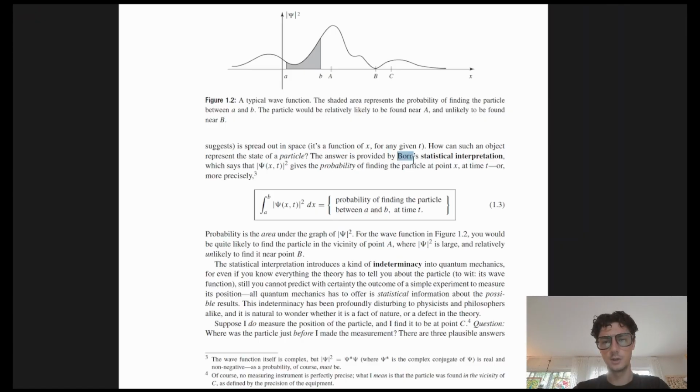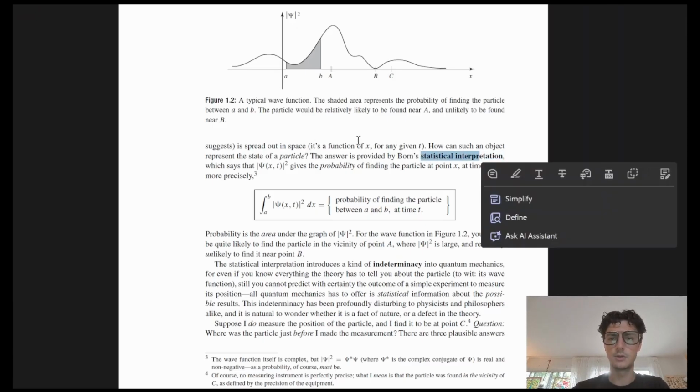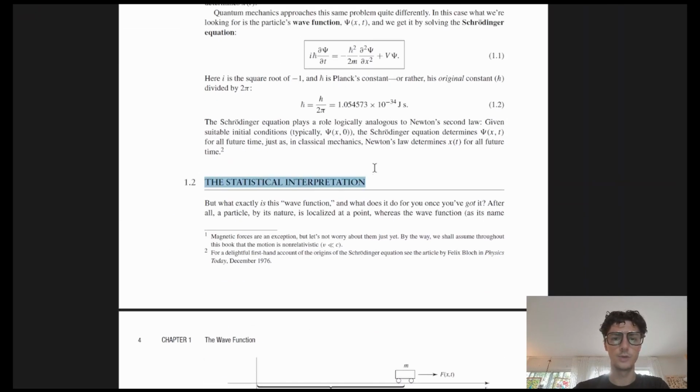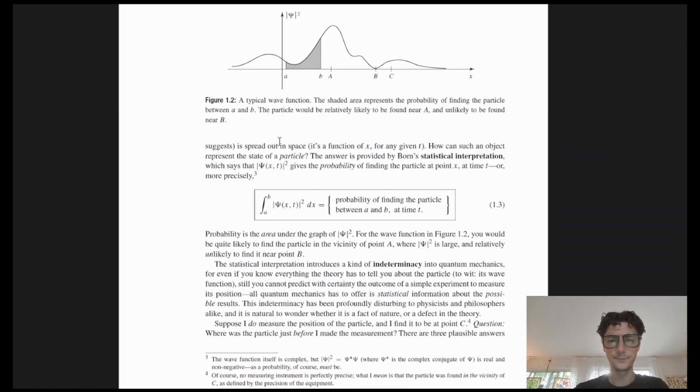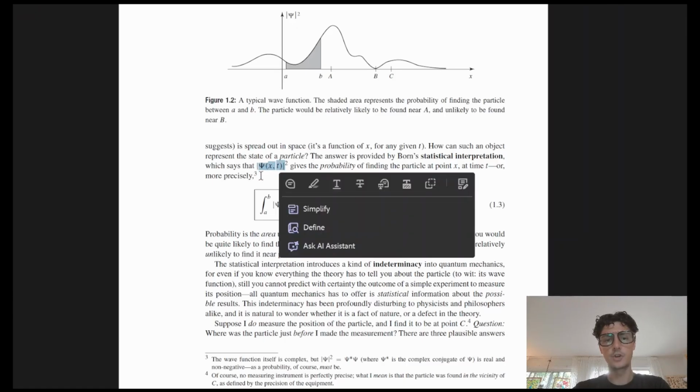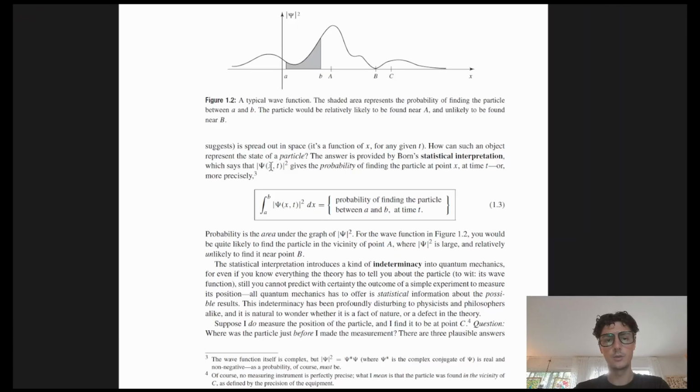Born is a gentleman that worked on quantum mechanics sometime in the 1910s, 1920s. And he developed this thing called the statistical interpretation, which is what we're reading about in this second section. So the statistical interpretation says the absolute value of psi, the wave function, squared. So you take the wave function, you take its absolute value, you square that.